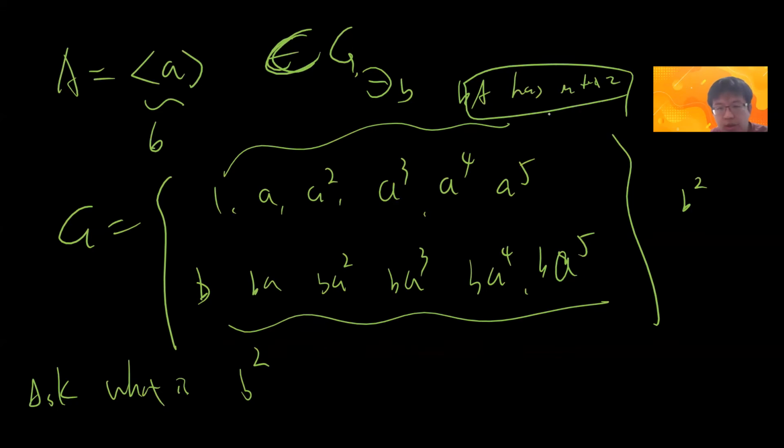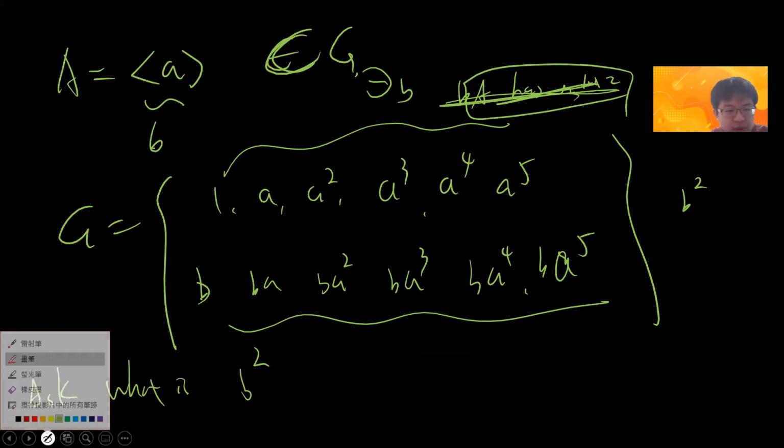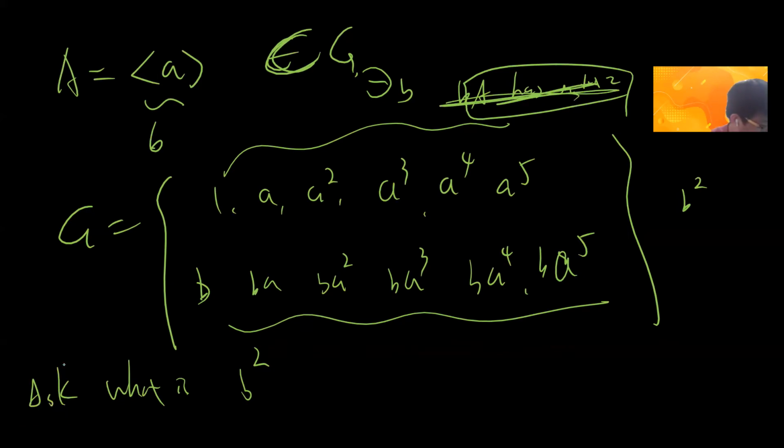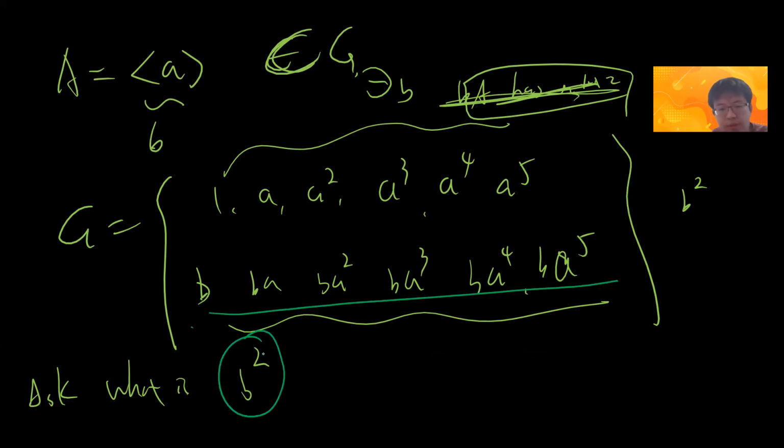So what is the possible B squared? Let's do it step by step. Obviously B squared cannot be one of the BA something elements.